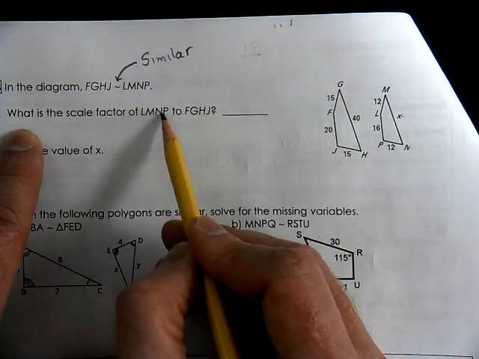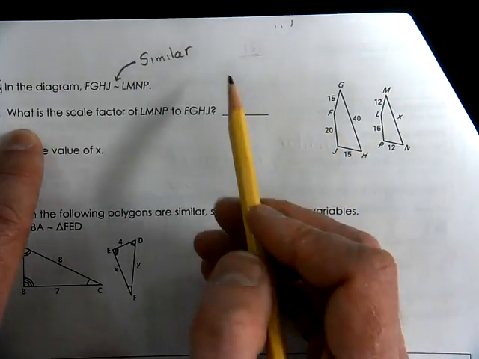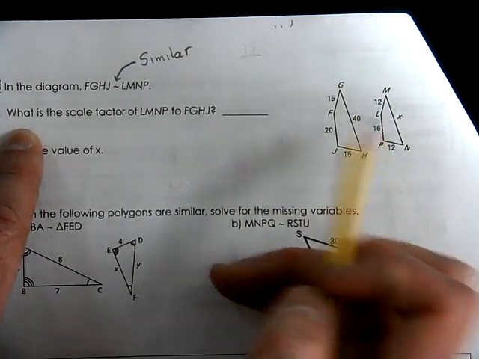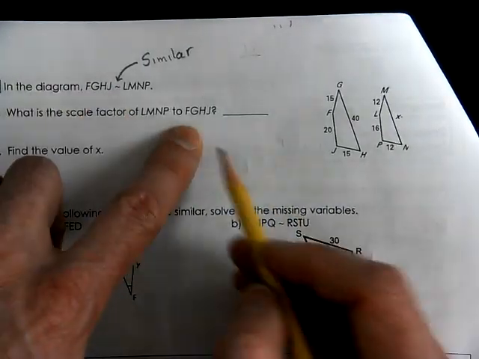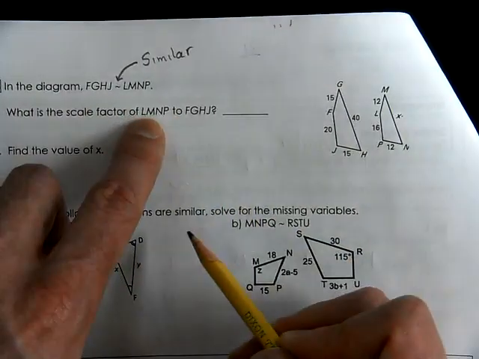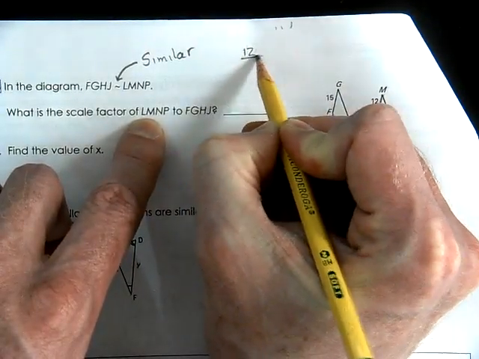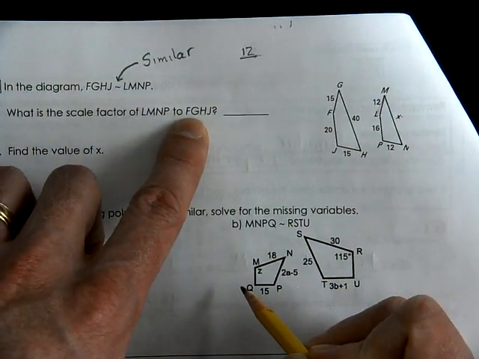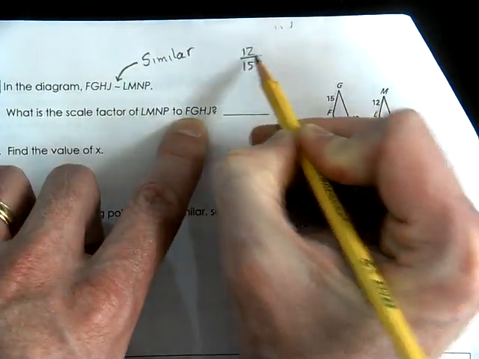They're going from the small shape to the large shape. So when we practice this, let's use it in the correct order so we don't make a silly mistake. So we're going to start with LM, which is 12, over the first two letters, which is FG.